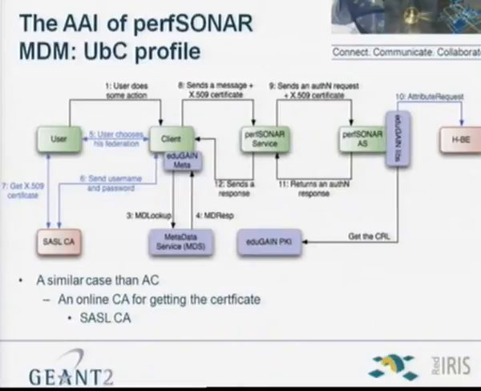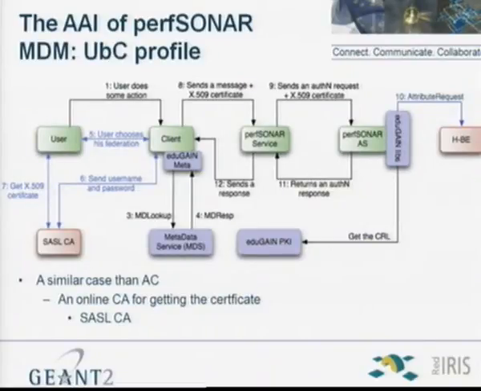The user behind the client profile is the typical desktop application. Okay, for us it is the most important, because the most important visualization tool of Persona is developed as a Java application distributed under Java Web Start. It's the same, but the certificate is obtained dynamically from an online CA.